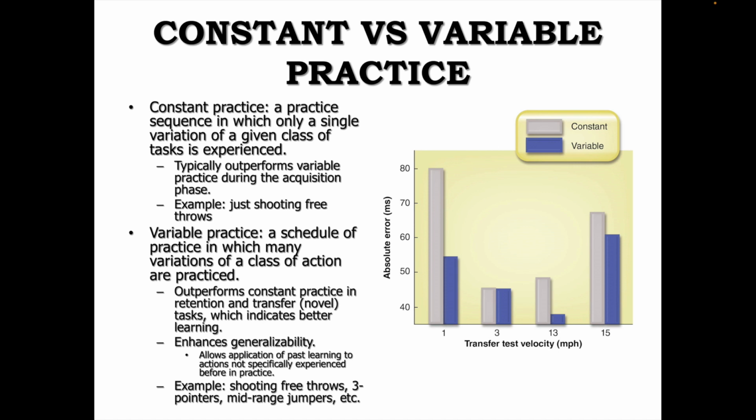And if I stopped practicing for a while, let's say a few weeks, and then came back to shooting, I would maintain the skill of shooting a lot better than somebody who just performed constant practice. So in summary, constant practice is great for beginners trying to learn one particular skill in one particular situation, versus variable practice, which is much better for overall learning and learning a particular skill for a variety of different situations in the long run.